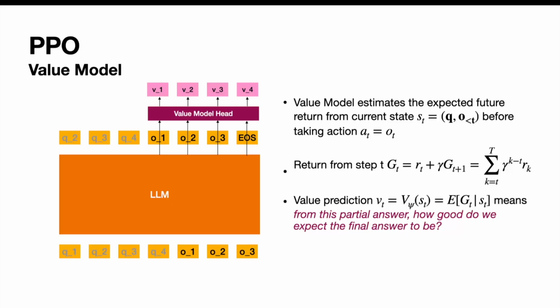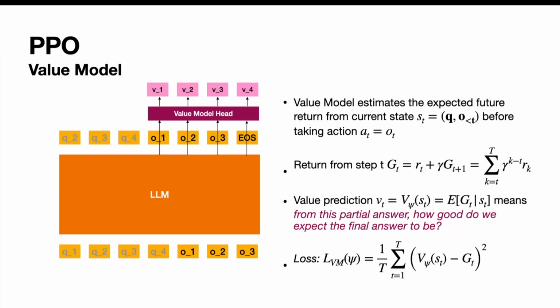So, V_t, the value model V_psi applied to state s_t, is the expected return G_t from that state. Intuitively, this means, given the partial answer so far, how good do we expect the final outcome to be? To train the value model, we fit these predictions to the returns.